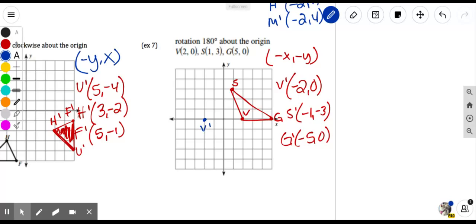Here's V prime. Negative 1, negative 3, S prime. And negative 5, 0 is G prime. And there's that. Notice everything moved over 2 quadrants.